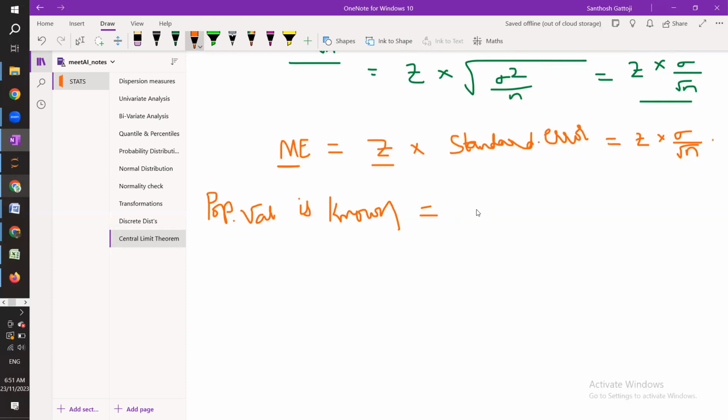What is the point estimate in our case? The sampling mean is the point estimate. So it will be x bar plus or minus z at alpha by 2, into sigma by root n.